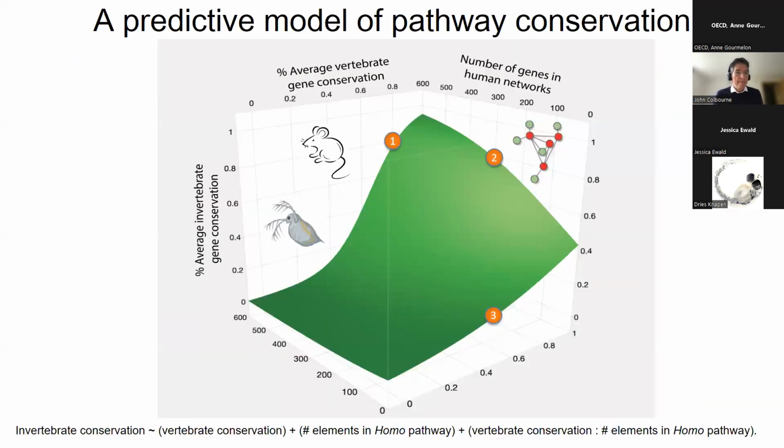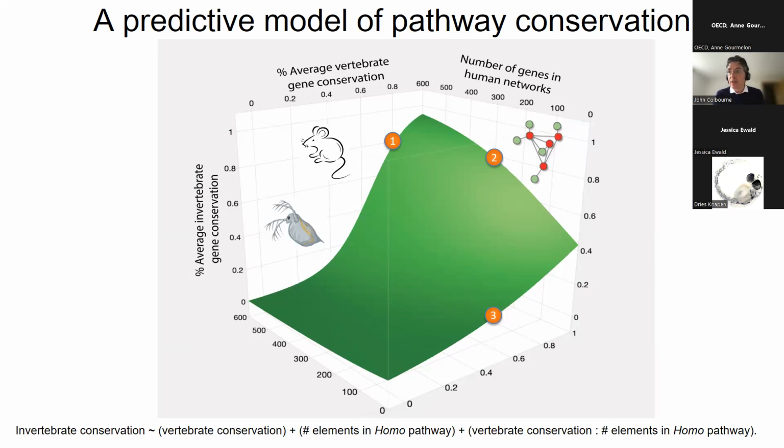Next slide, please. Now, if we investigate the conservation of all the genes across all animal species, and look at what fraction of these known pathways or networks in humans are shared with other vertebrates and shared with distantly related invertebrates, we can come up with a predictive model for the pathway conservation.